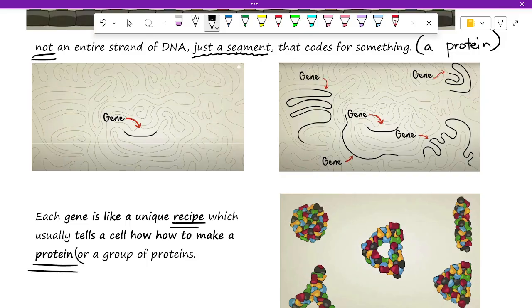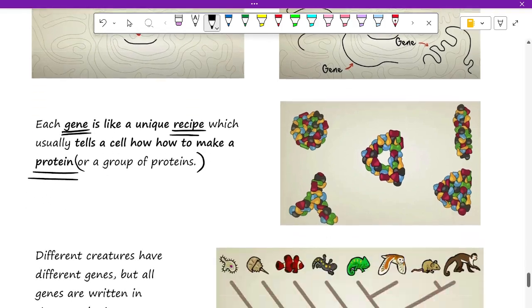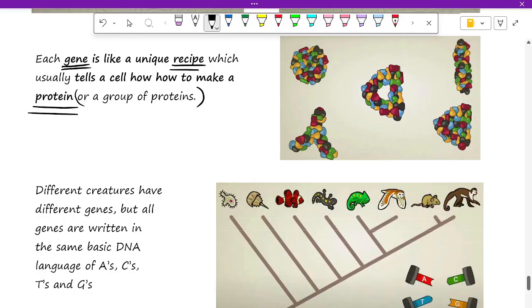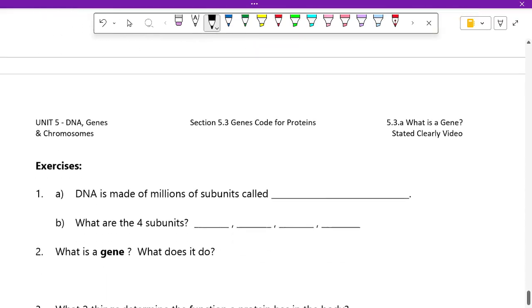I'm going to put this in brackets, or a group of proteins, because that's more complicated than we need in grade 9. Basically, a gene is the recipe to make a protein. Different creatures have different genes, but all are written in the same basic DNA language of A's, C's, T's, and G's.